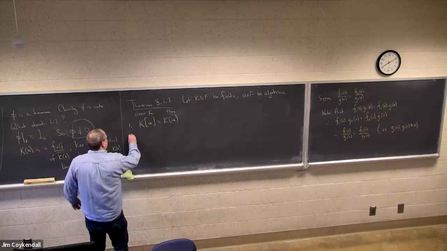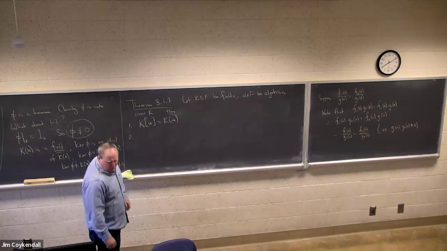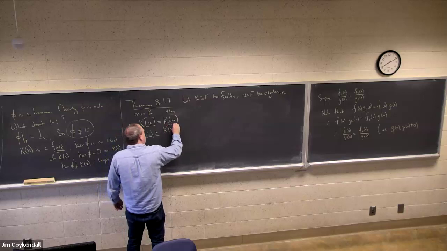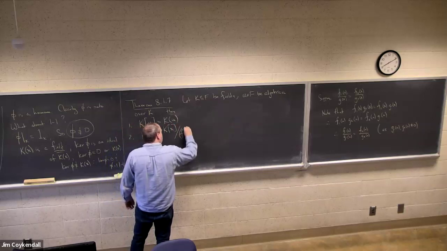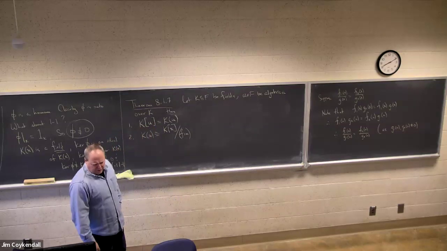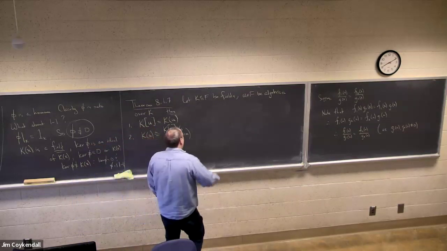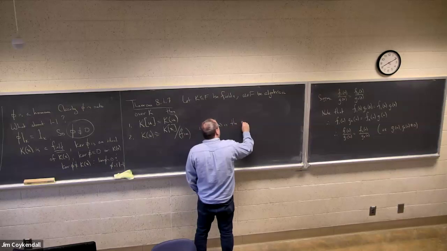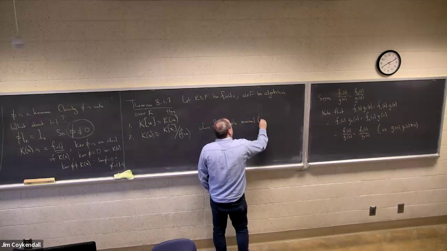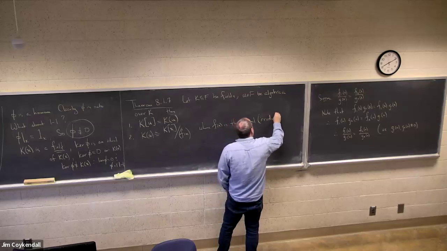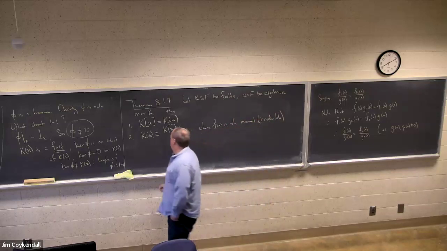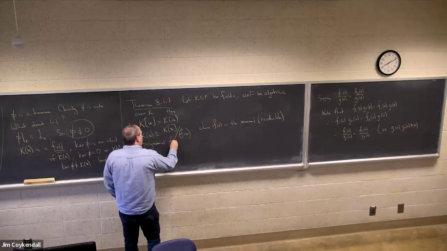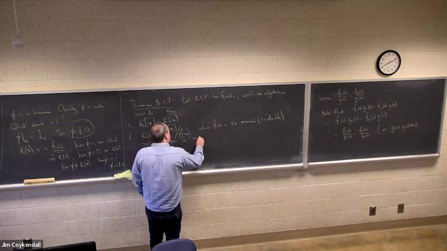Number two, K[U] is K[x] modulo the ideal generated by f of x, where f of x is the minimal, or this way, irreducible polynomial for U over K[x].